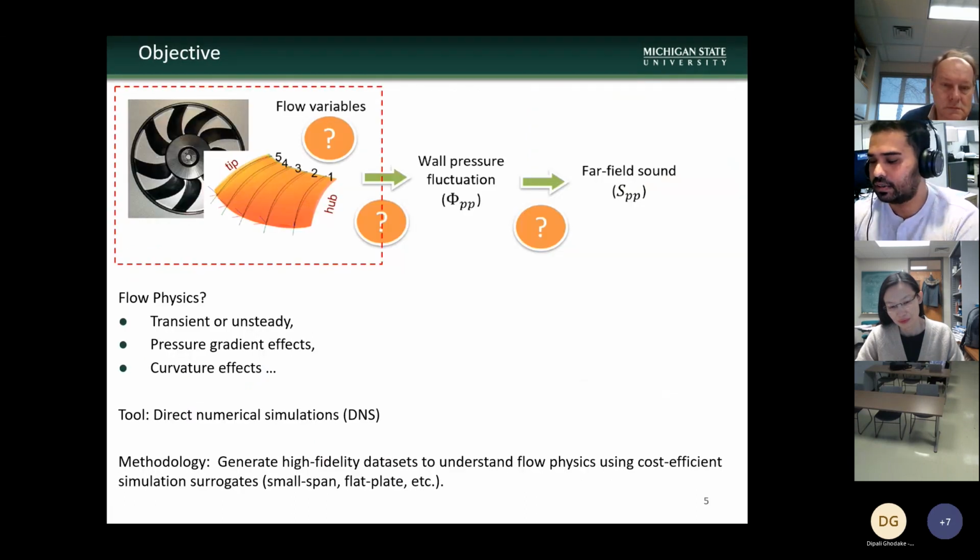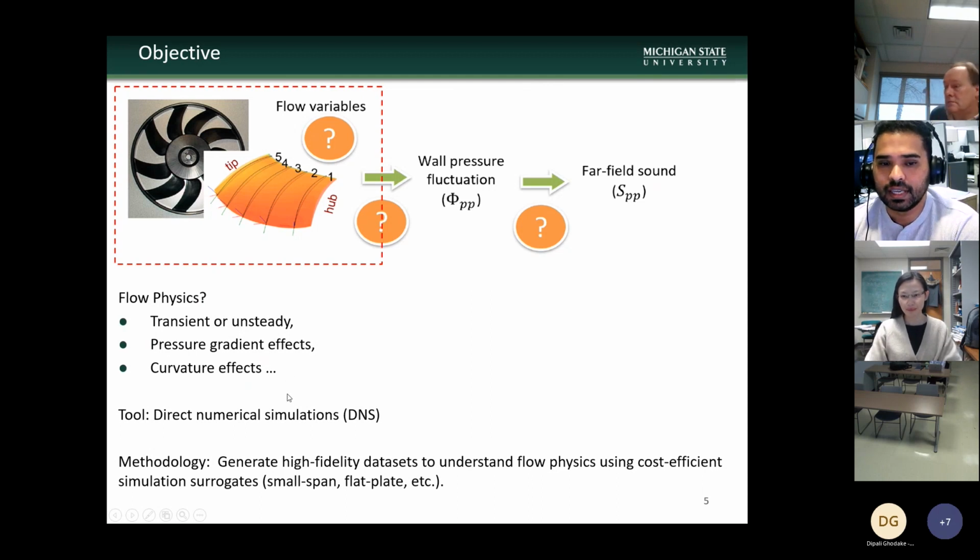So reiterating my objective here, first our focus is on flow physics, that is transient accelerations, then pressure gradient effects, curvature effects, and to do that we are using direct numerical simulations, and the main methodology is to generate high fidelity data sets to understand the flow physics using cost efficient means such as small spans and flat plate, which I'll discuss in detail in the future slides.